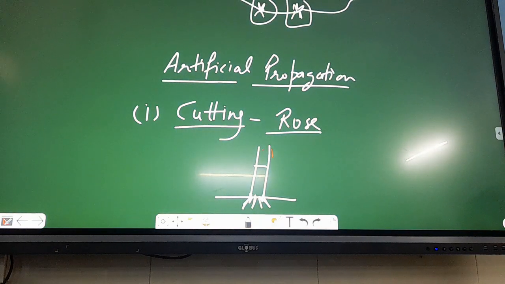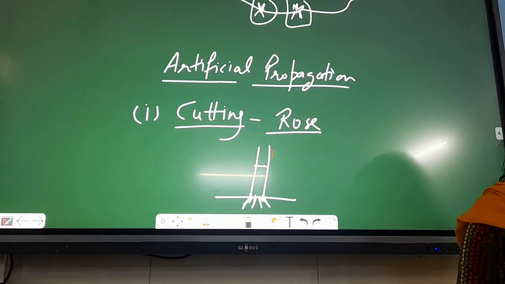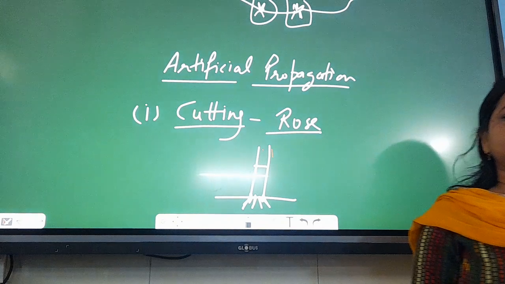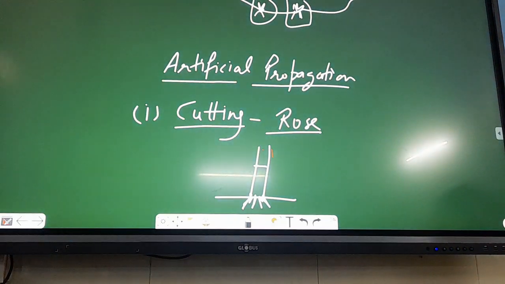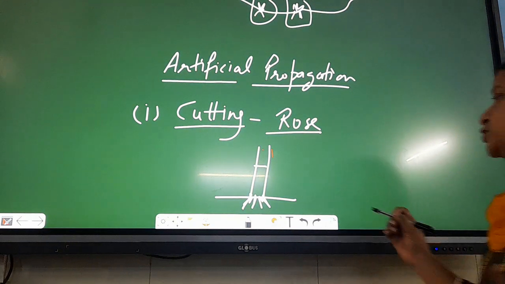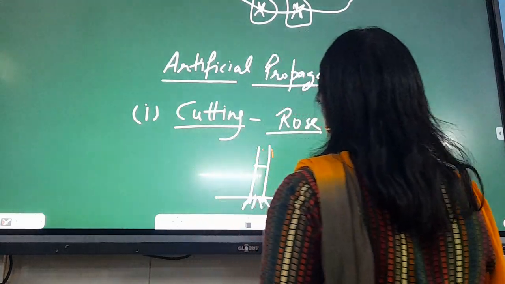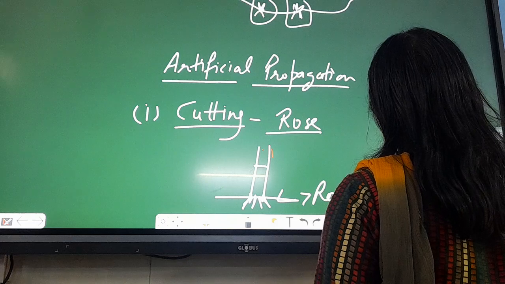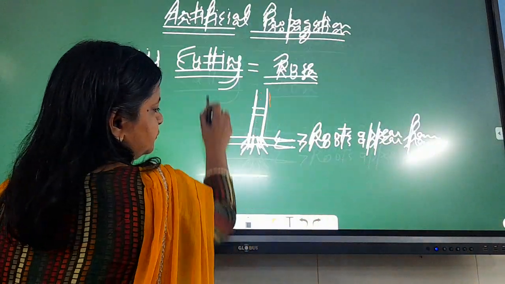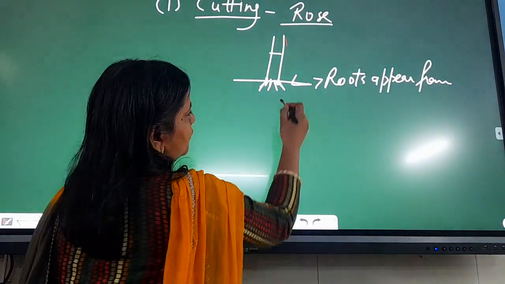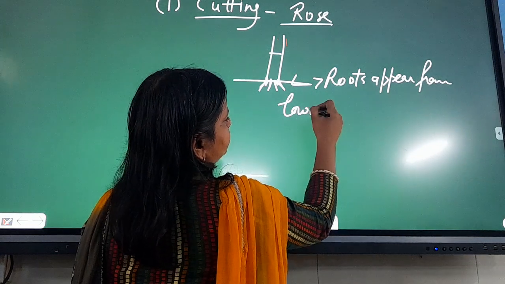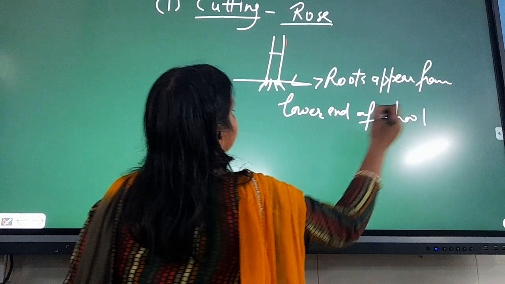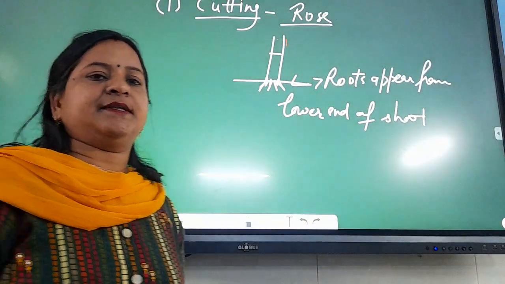It gives roots artificially after some time from the lower end of the shoot. So this method is cutting.